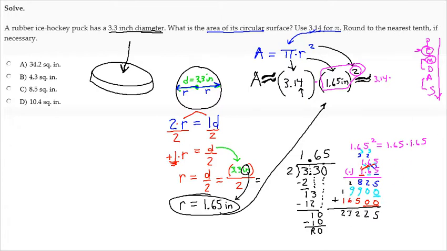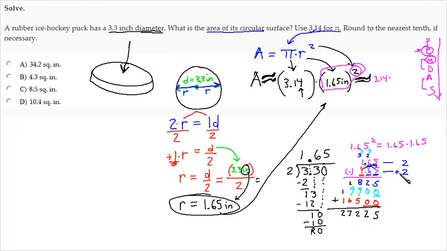Now we're obligated to make accommodations for the fact that these actually were not two whole numbers. If it was 165 times 165, I would be done. But it's 1.65 times 1.65, so we have 2 decimal places to the right of the decimal point in this number. We have an additional 2 decimal places in the second number.